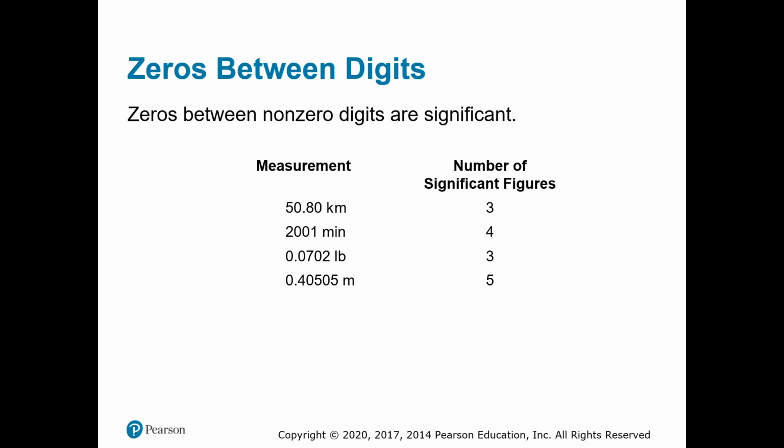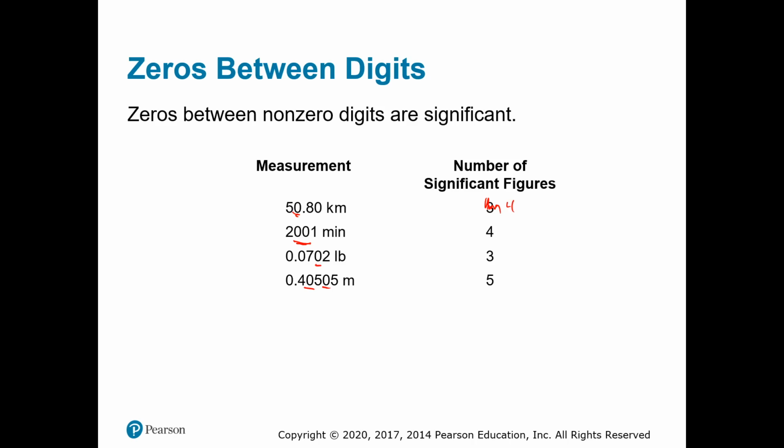Okay, zeros that are between other digits. So that means that one, those two, that one, and each of those. They're in between. They count. As it turns out, this is actually wrong because this one counts too, but they ignored that. So this is a typo on the slide. Should be 4.